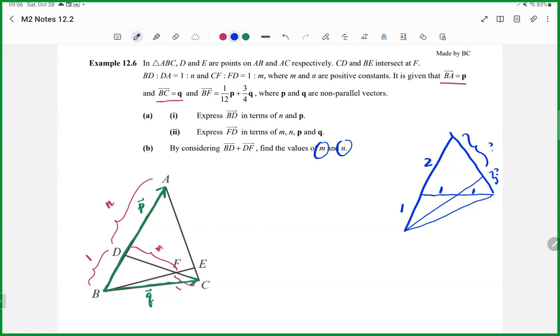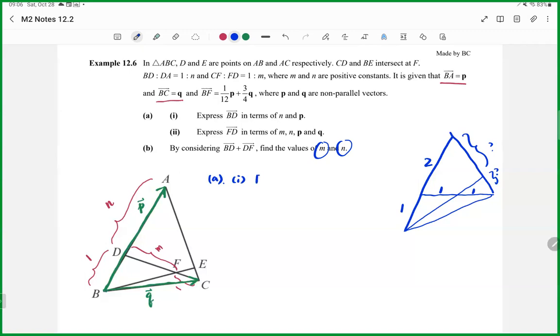Okay, so let's see how we solve it. Remember, you're just expressing now. Don't worry about the angles and anything. Just use the vectors. First, BD. BD is on P, right?